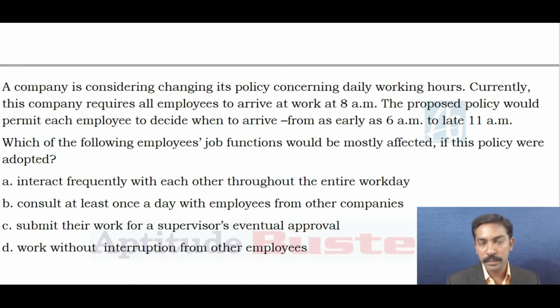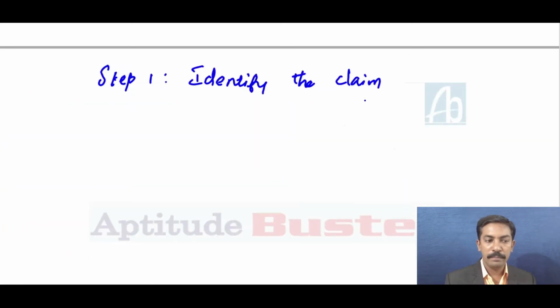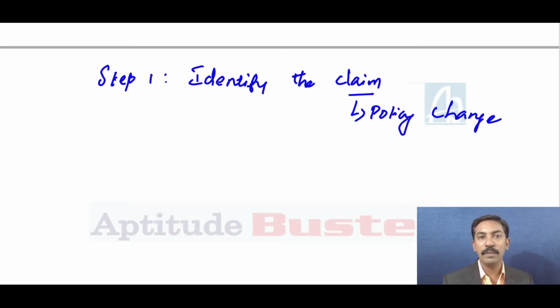The employees of this particular company should report at 8 a.m. Now, if this policy is implemented, it would allow its employees to report any time between 6 a.m. and 11 a.m. The claim in the question is a policy change which allows a company's employees to report anywhere between 6 a.m. and 11 a.m. instead of reporting at 8 a.m.